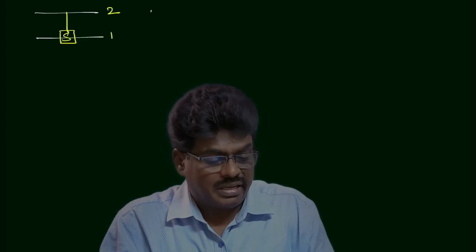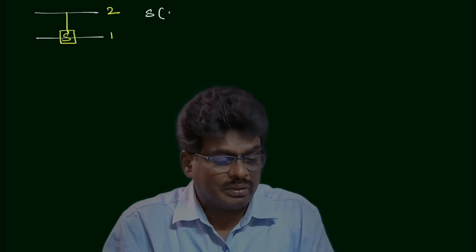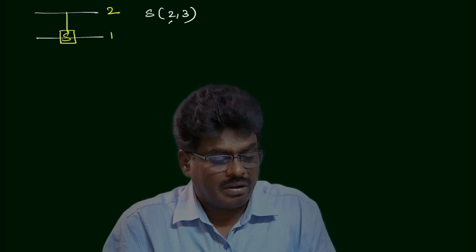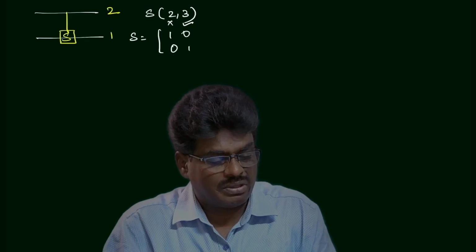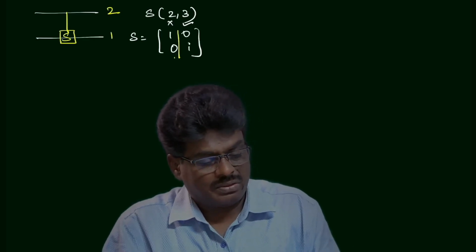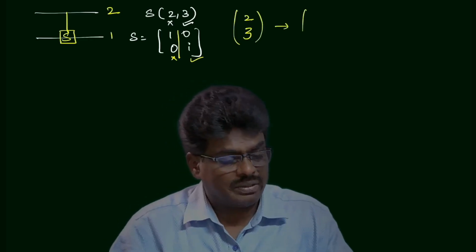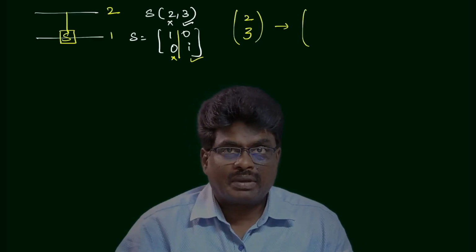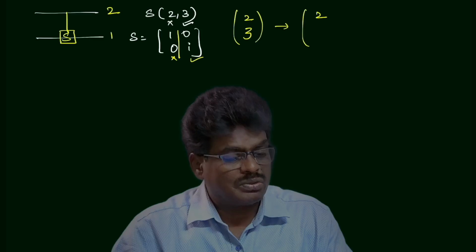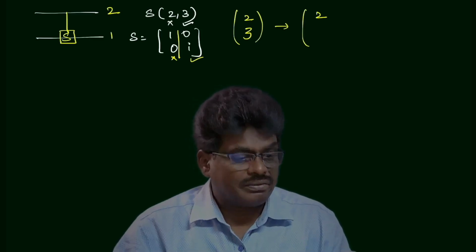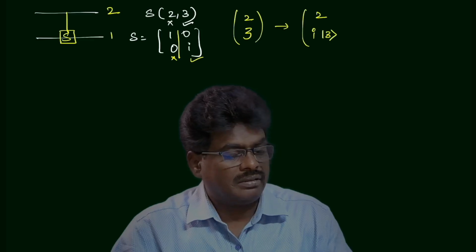Here I am taking control S. Okay, 1 2. So just take S from where to where, 2 to 1, that's why 2 comma 3. Off and on, S matrix 1 0 0 I. So this is off and on. 2 3, the circuit, what it will do, 2 off, because we have first column 1 0, that's why 2 only, and 3, there is a phase change, I 3.